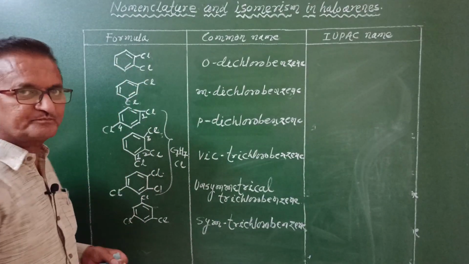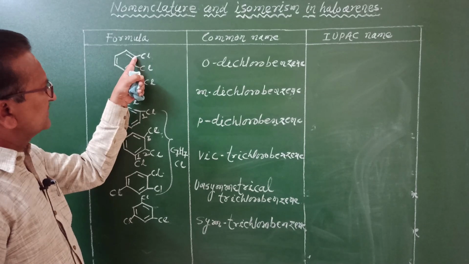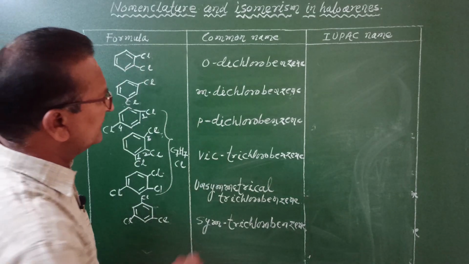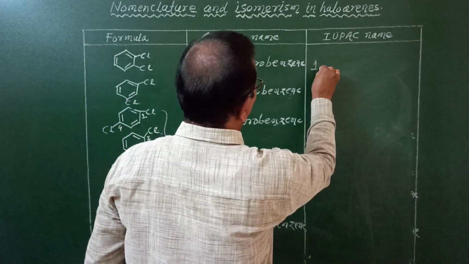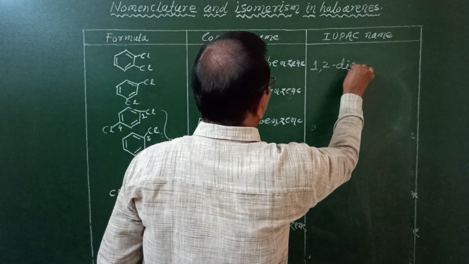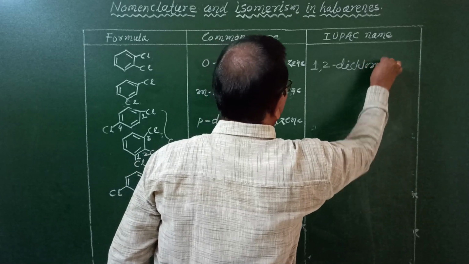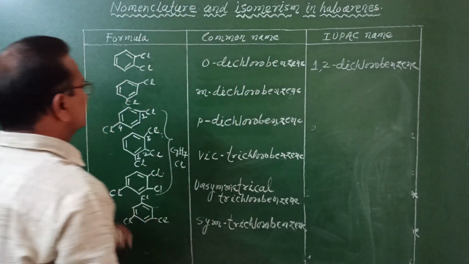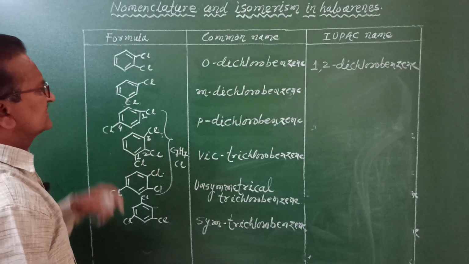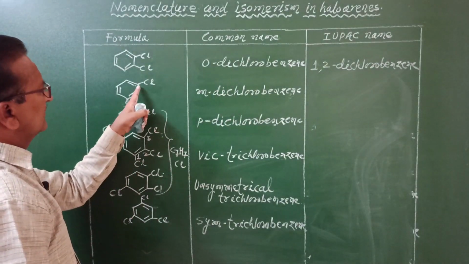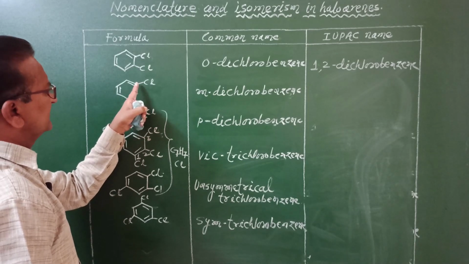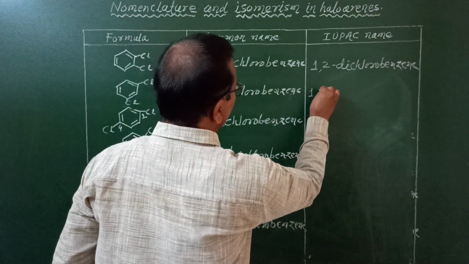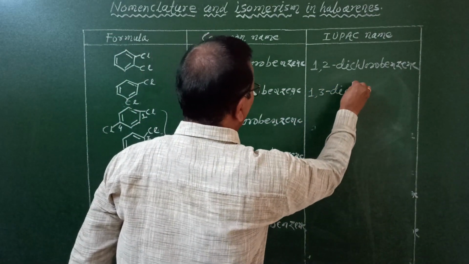In this first case, one chlorine atom is bonded to carbon number 1, and the second chlorine atom is bonded to carbon number 2. Therefore, the IUPAC name is 1,2-dichlorobenzene. Now let us see this one. This carbon atom is numbered 1, 2 and 3. What are the positions? 1, 3. Very simple: 1,3-dichlorobenzene.